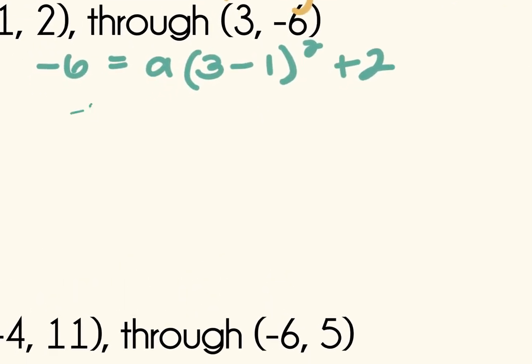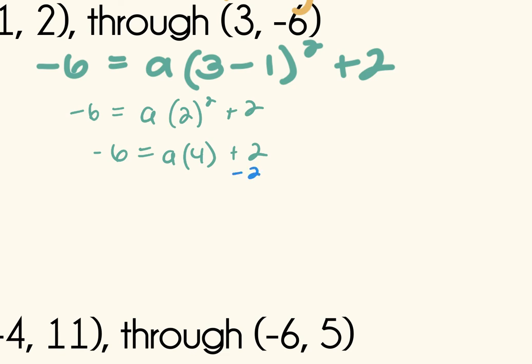Now I get -6 equals a, 3 minus 1 squared would be 2 squared plus 2. Then we square it. And then you cannot combine the 4 and the 2, which is the other mistake people make. You have to subtract the 2. And I get -8 equals a times 4. And I divide both sides by 4.